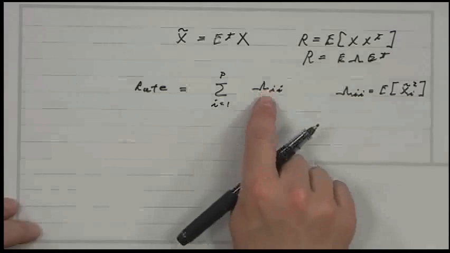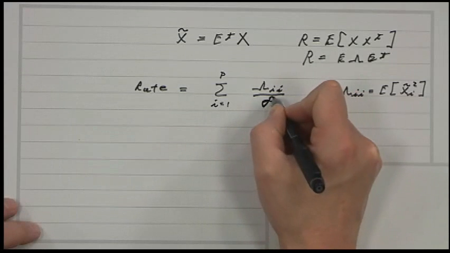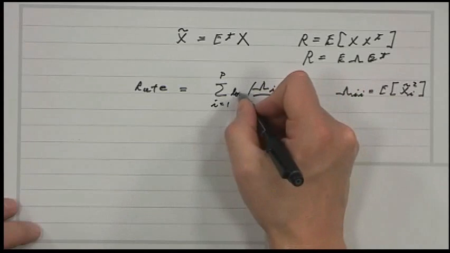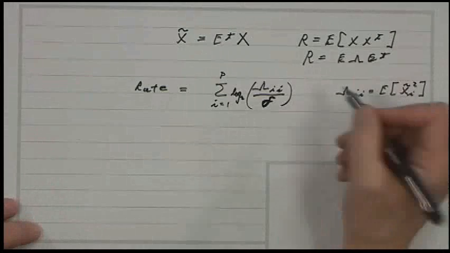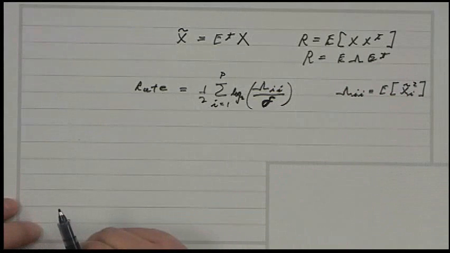Okay, so I take that lambda i and divide it by delta. Remember the delta from last class, right? And I take that whole thing, take the log base 2, and multiply by 1/2. And that's the rate.